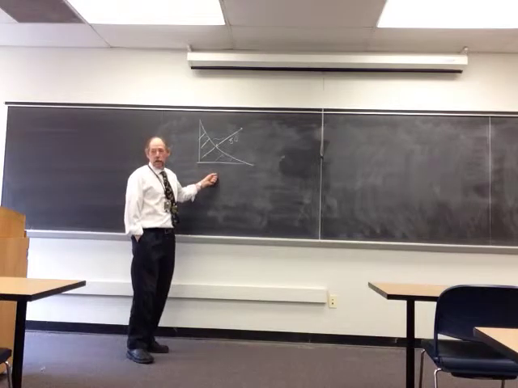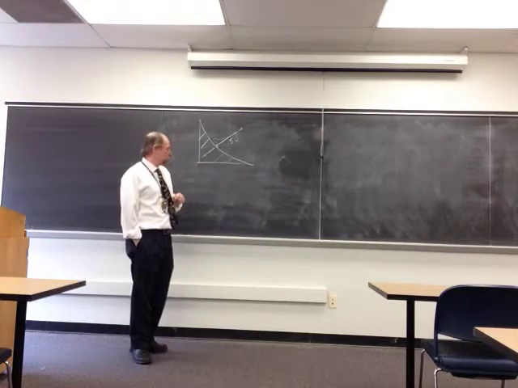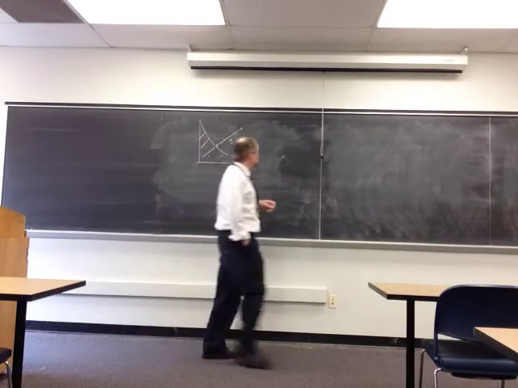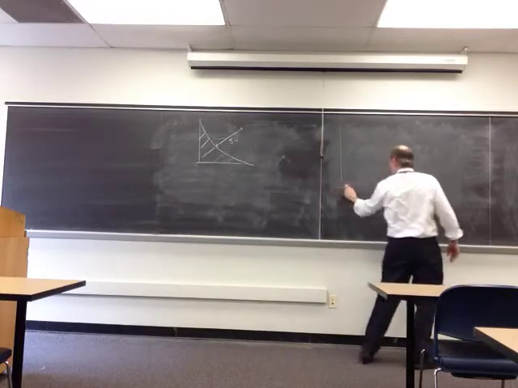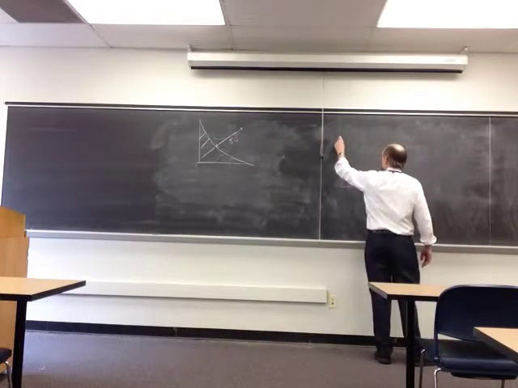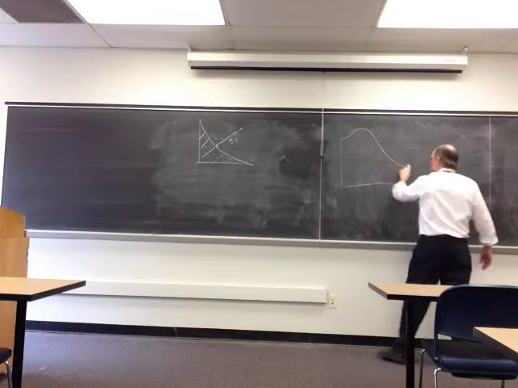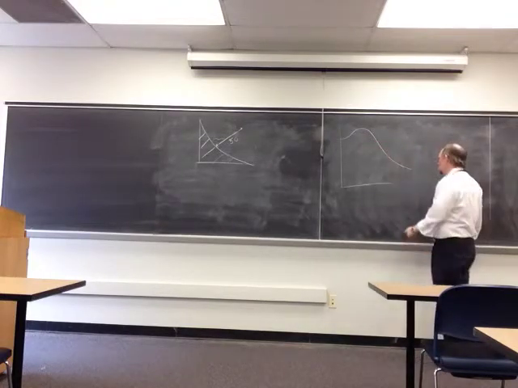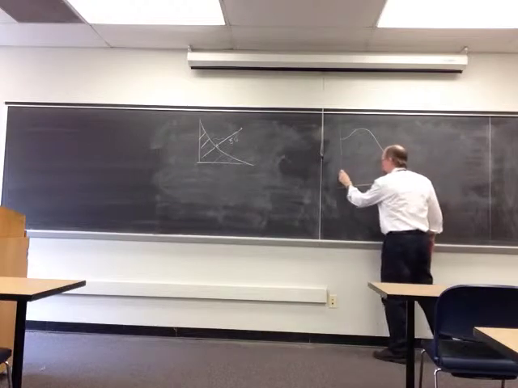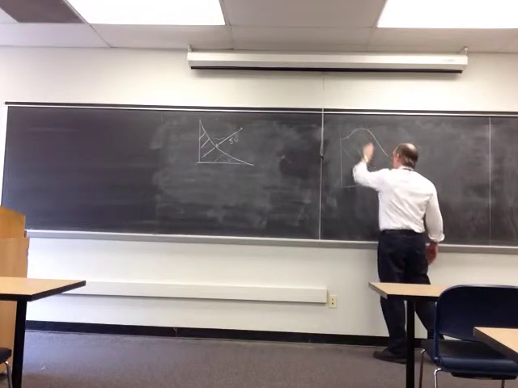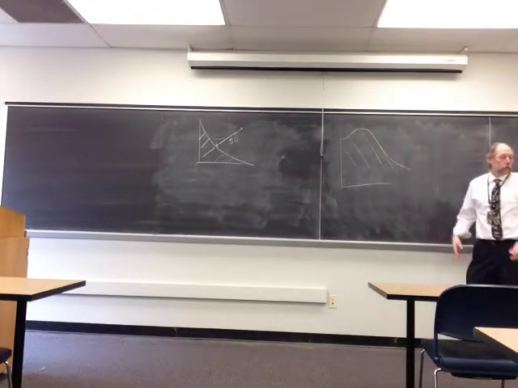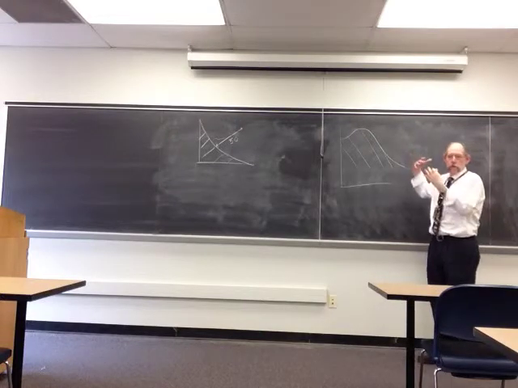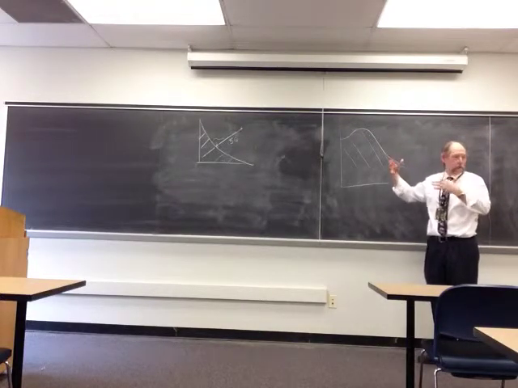This is a simple example, and I showed you in Excel a different example where the curve looked something like this. This is very much exaggerated compared to what's in the Excel file. And I said, find this area. Well, that is not a simple area of a square minus a quarter circle.